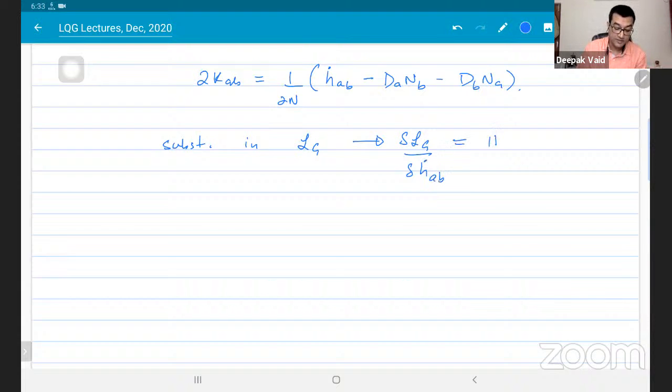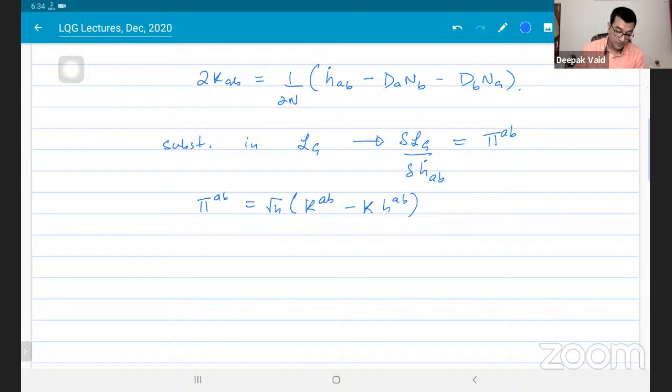And this gives us our momentum conjugate to the metric. And this momentum has the expression. Again, I'll just give you the expression. The calculations are long and tedious, and may or may not be enlightening for most of you.